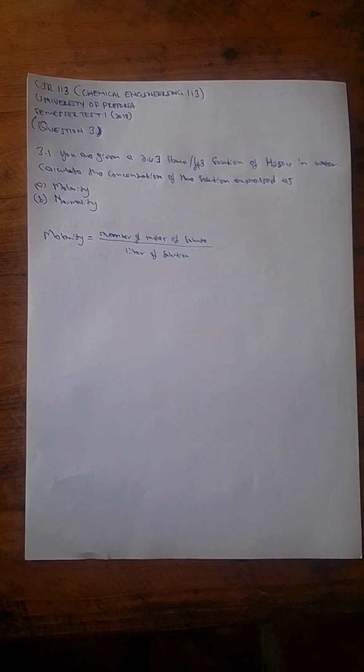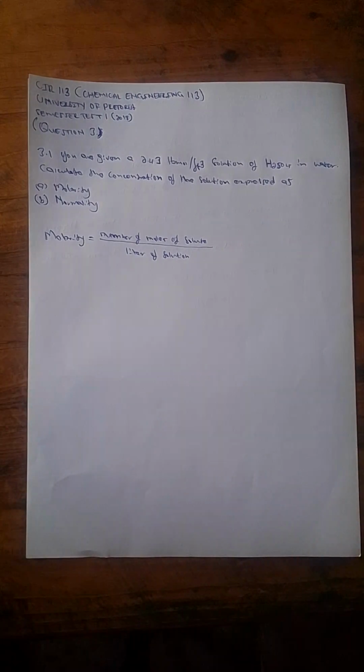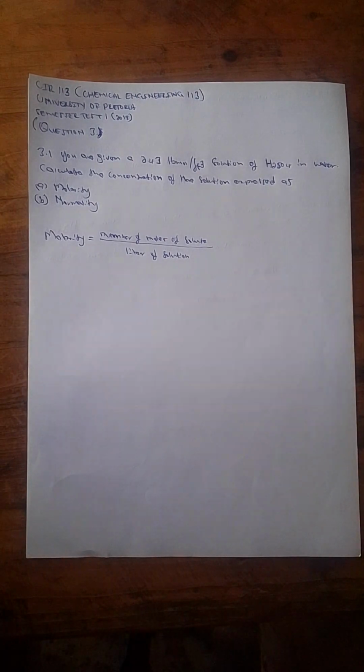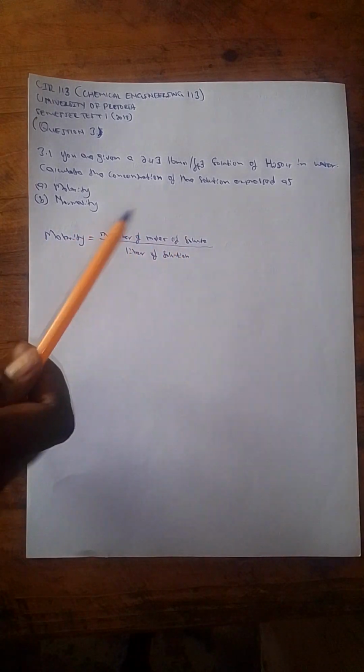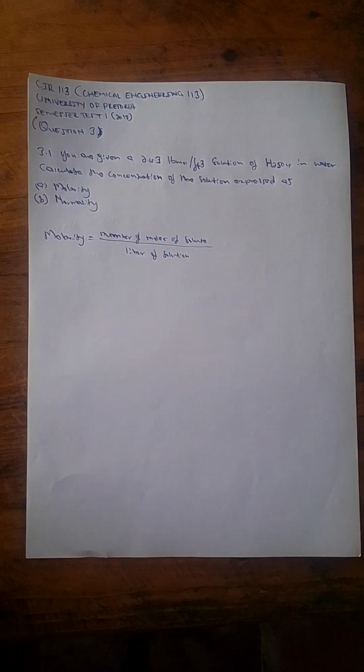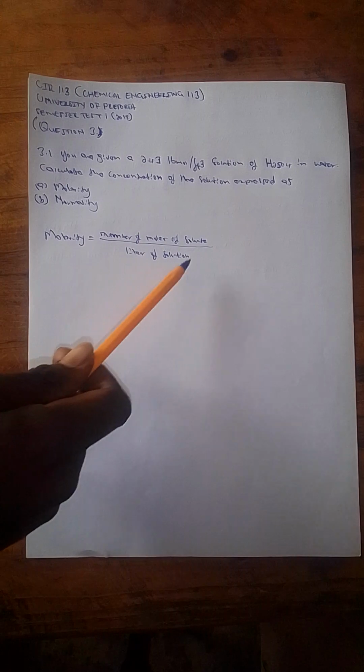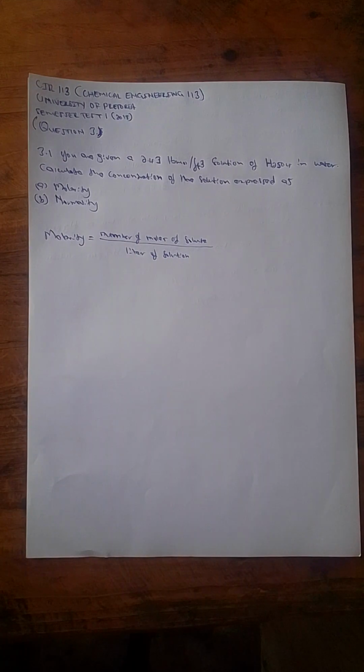In this context, the solute is the H2SO4 and the solution is the combination of H2SO4 and water, because they say that the H2SO4 is in water. Which means that if we can get the number of moles of H2SO4 in the solution and the volume of the solution, then we can find the molarity.